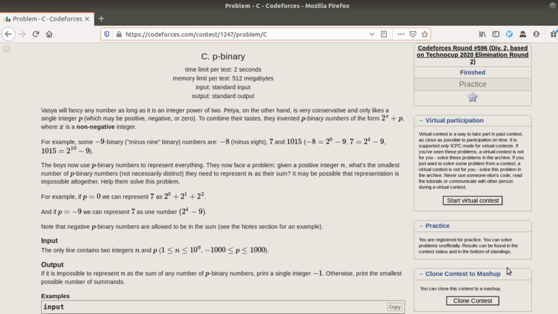For example, we consider p as minus 9. It can be negative, we can consider its sign.